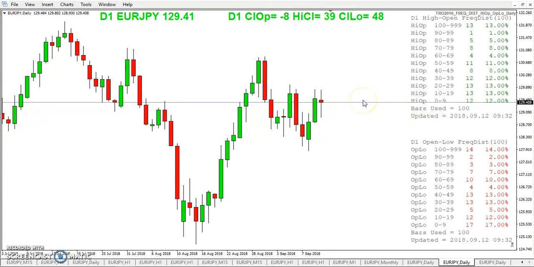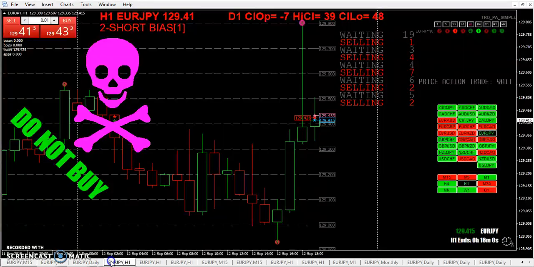But high minus open is only less than 10 pips about 12% of the time. And the low minus open in this case was 17% of the time. So that still says 8 out of 10 times or better, you will be able to make a profit by trading the buy zone.